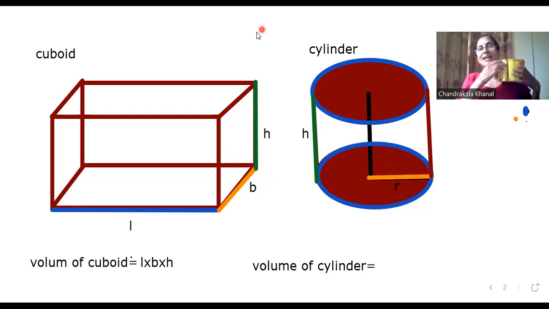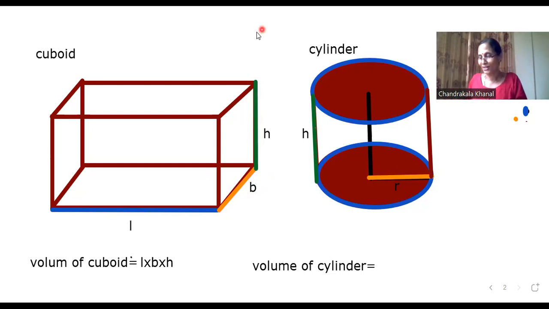And this was the height of the cuboid. Now this is also the height of the cylinder. The height of the cuboid is the same as the height of the cylinder.